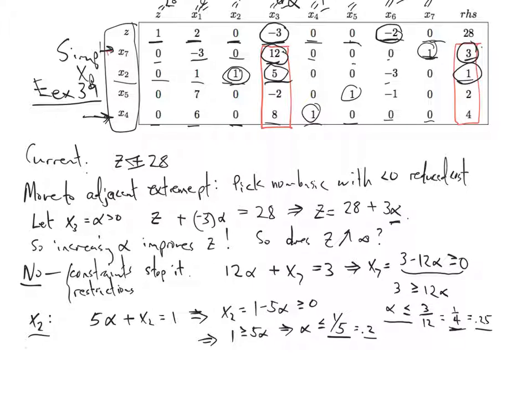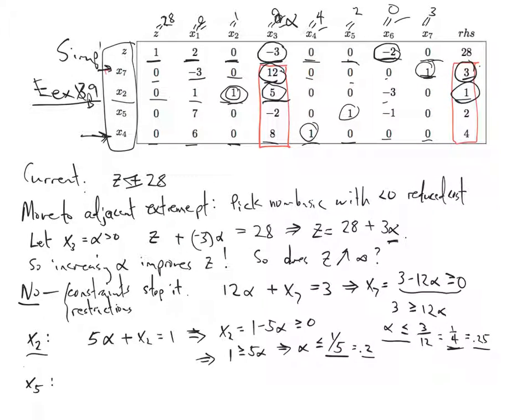Okay, so the row for x5: if we go through all the same steps, wait a minute, let's be more careful, because there's something different going on here.